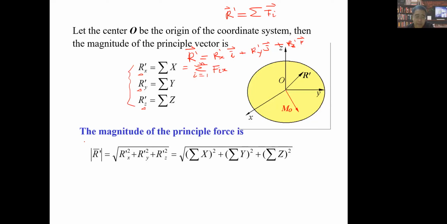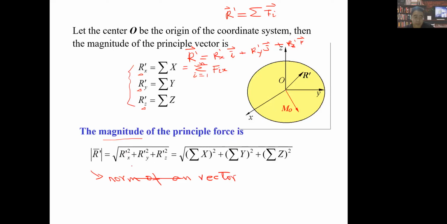So we can use the mathematical knowledge we have learned to find a magnitude. The magnitude of the principal force or principal vector. Actually, this is 向量的模, right? Or 矢量的模, the norm of a vector.